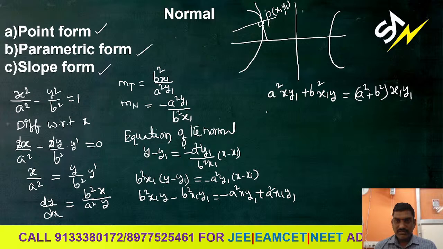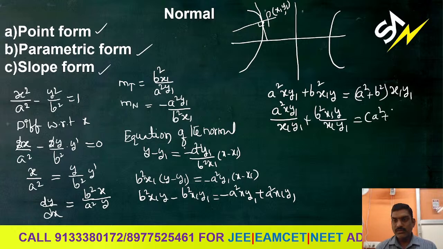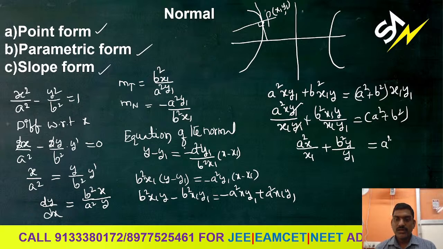If you send x1 y1 to this side, a square x y1 divided by x1 y1 plus b square x1 y divided by x1 y1, which is equal to a square plus b square. So here y1 gets cancelled. We get a square x divided by x1 plus b square y divided by y1, which is equal to a square plus b square.